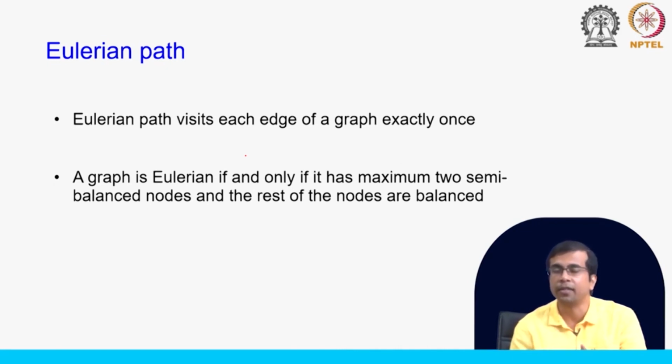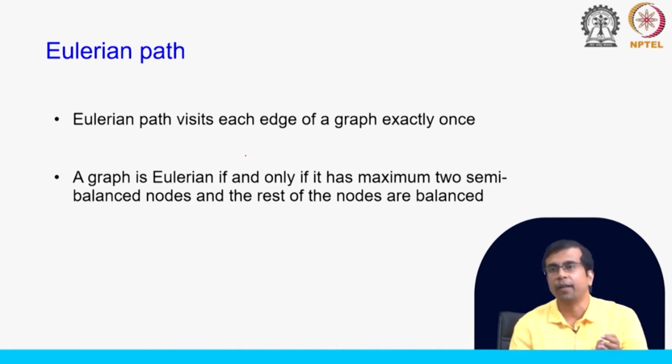We have defined these balanced and semi-balanced nodes just now. So, following that idea, if you have at most 2 semi-balanced nodes, we can say there is a Eulerian path in that graph. This actually helps us beforehand, before we try to find a Eulerian path, we know whether such a path exists or not, whether we should try to find that path at all.